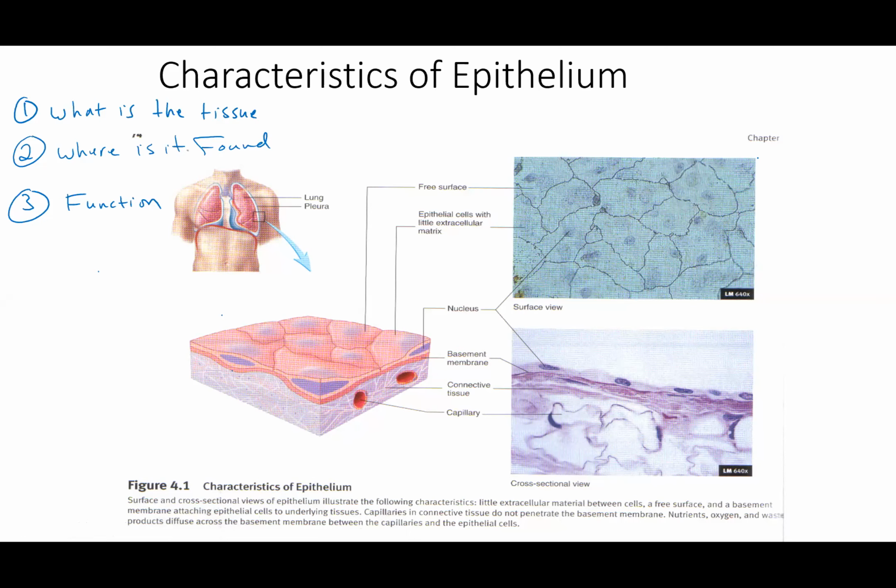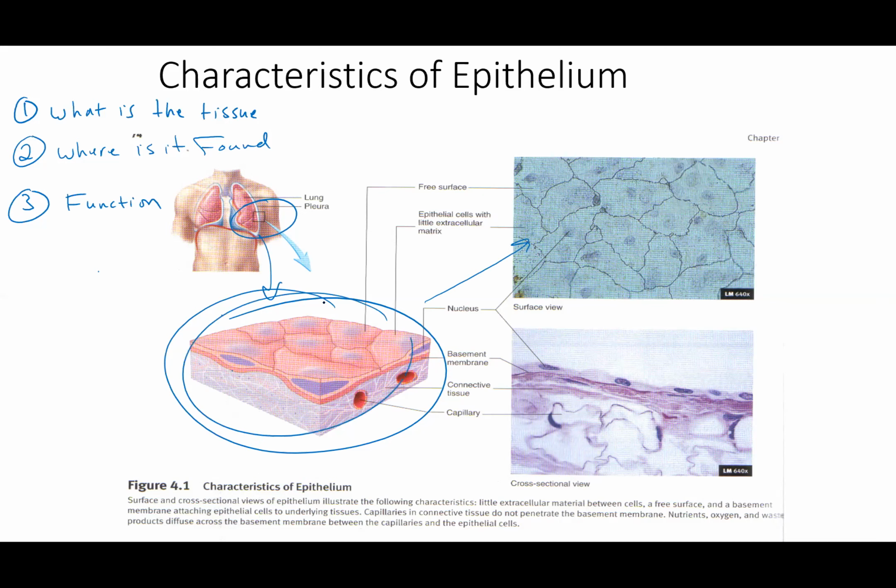You'll notice, here's lung, and then they enlarge what the lung tissue would look like. And then here's what it looks like under a microscope. This is an animation. Here's the real picture of what you would normally see under a microscope.